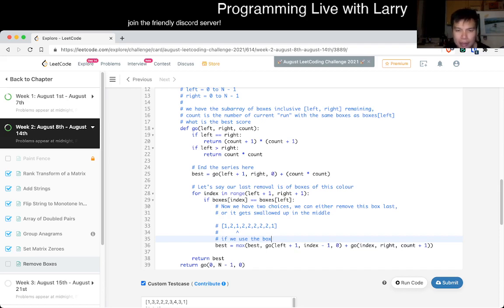There probably is a way to compress this to be better. What if we don't?